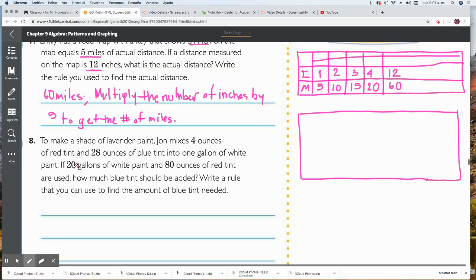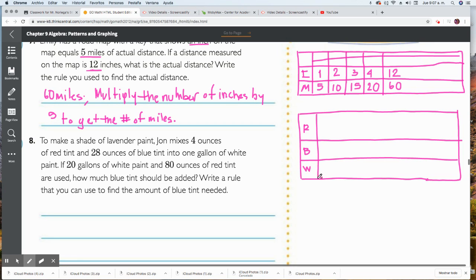So we have red tint, we have blue tint, and we have white paint.